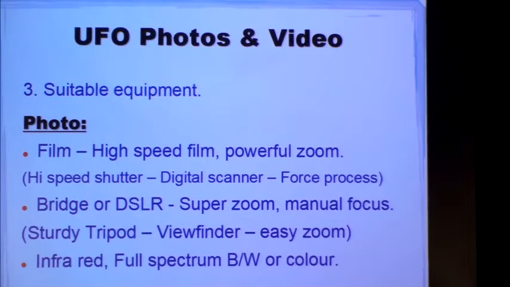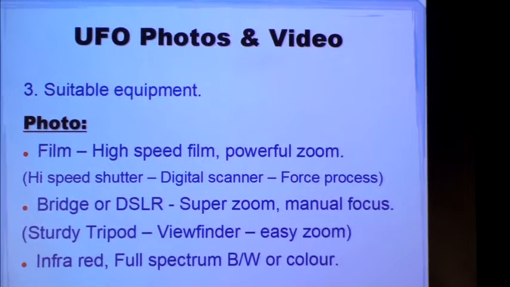And the bridge camera, which is not so much a point and shoot, but one step under the digital SLR cameras, has super zooms, and they're excellent as long as the zoom will stay in focus. So manual focus is also an essential item to have on your video camera.